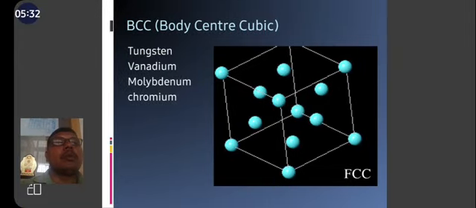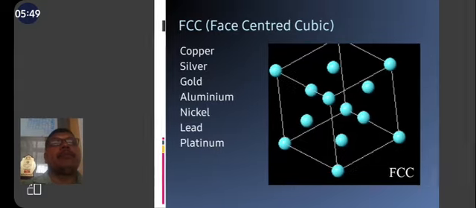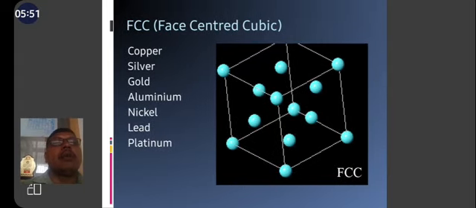BCC arrangement is shown in the figure. Tungsten, vanadium, molybdenum and chromium are the best examples for BCC, that is body centered cubic. Then FCC, face centered cubic.